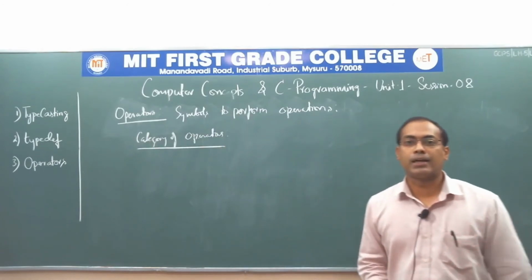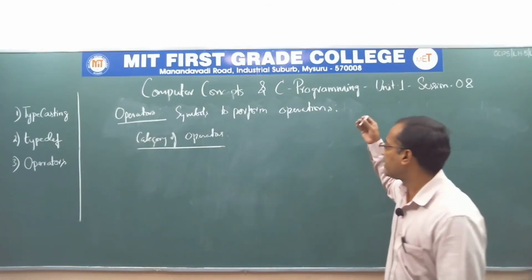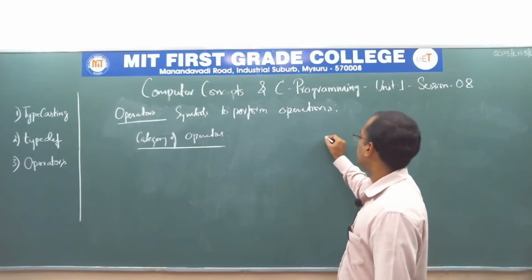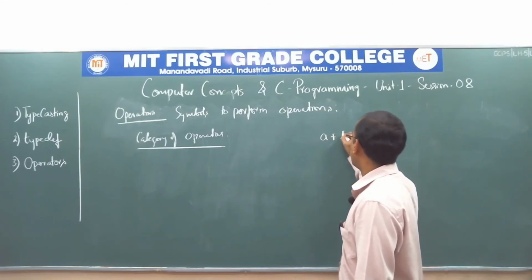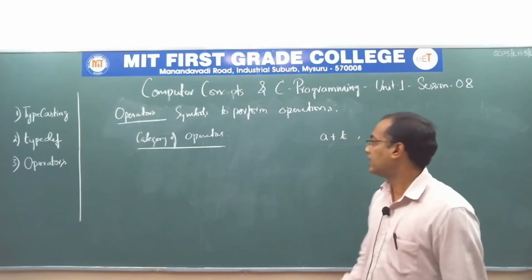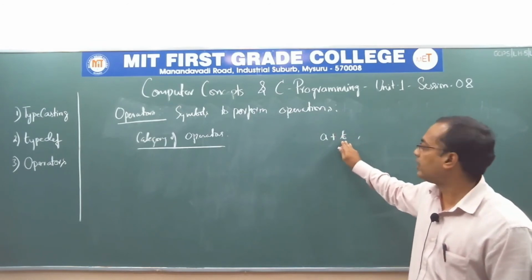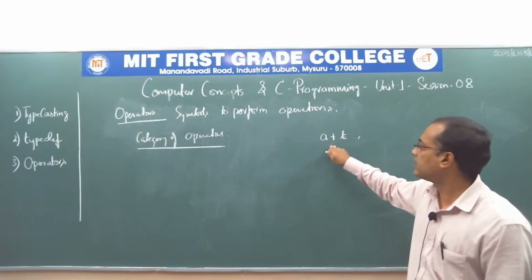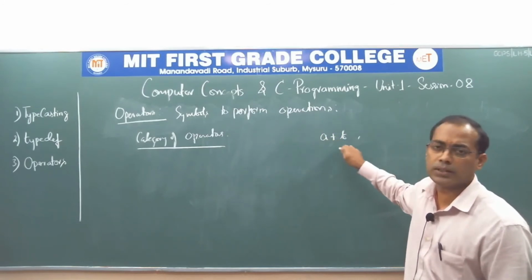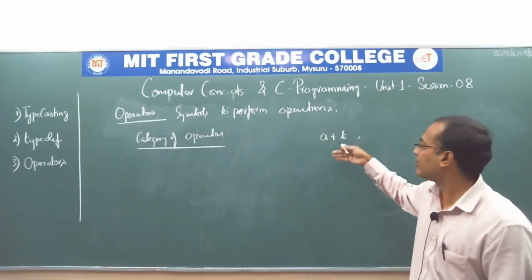Before understanding category of operators, we need to take one simple example. What is that example? A plus B. When you see A plus B, here A and B are nothing but variables and plus is the symbol. So the whole thing you are doing an operation of addition.